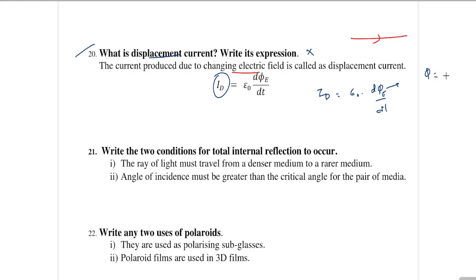You can write flux as E dot A or just E into A. So epsilon naught comes out, A comes out, what remains is dE by dt. You can write this also, both are equivalent. Here we find there is a rate of change of electric field. So this will give a current called displacement current.